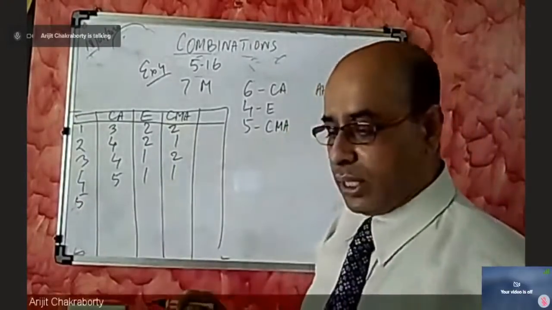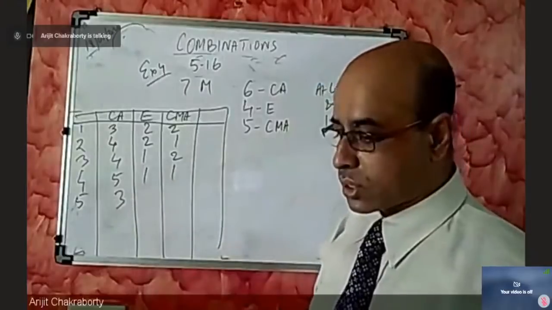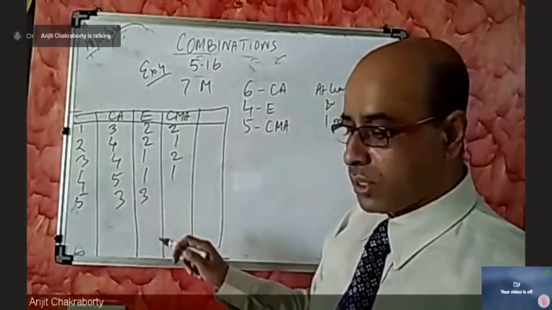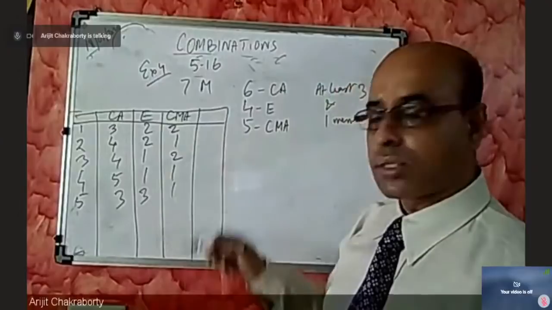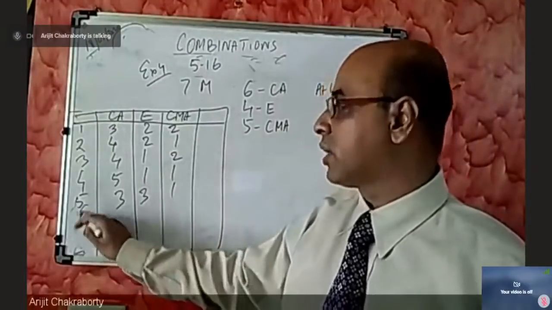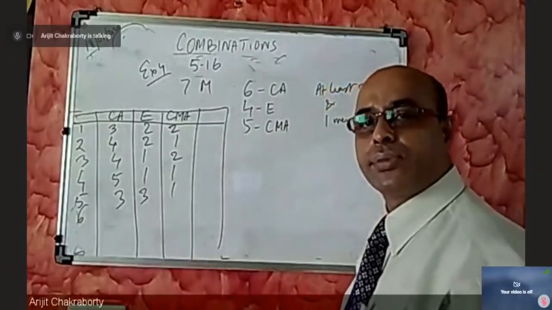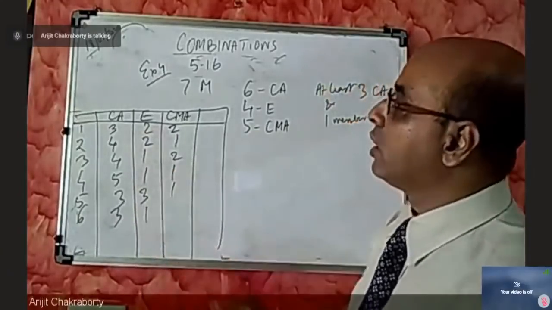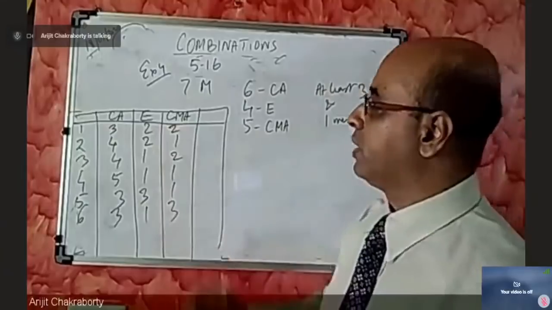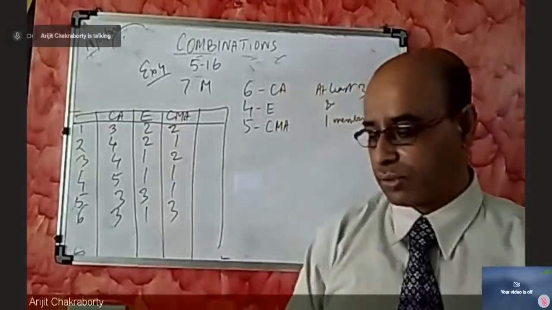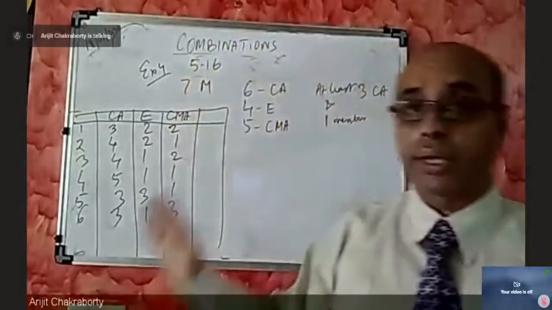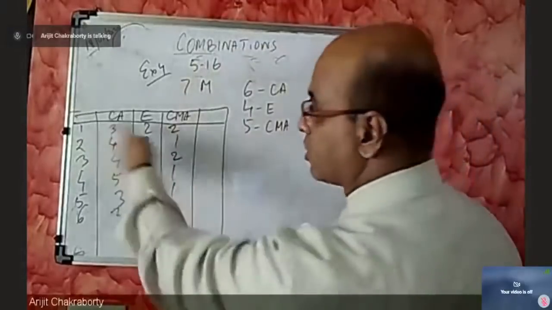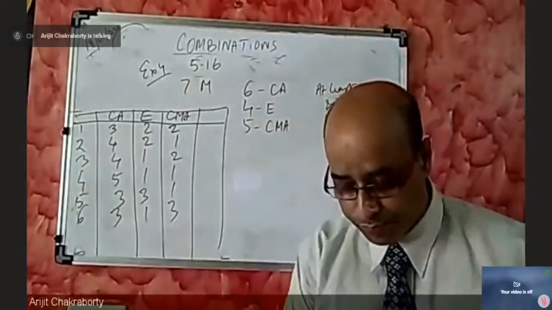Fifth method can be 3 chartered accountants, 3 economists and 1 cost accountant, and finally you have the last way where you can take 3 chartered accountants, because 3 is the minimum. You can see 1 will be an economist and 3 will be CMA, cost and management accountants. Now it's a long calculation. So these are the 6 options possible.